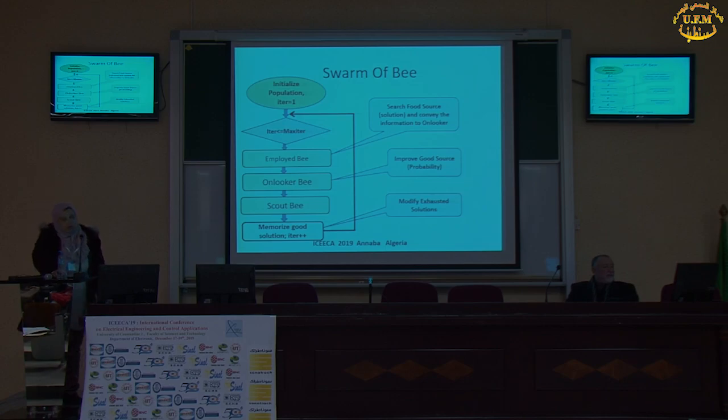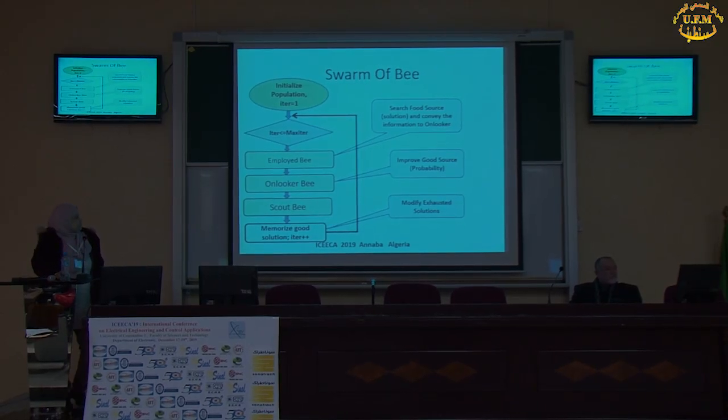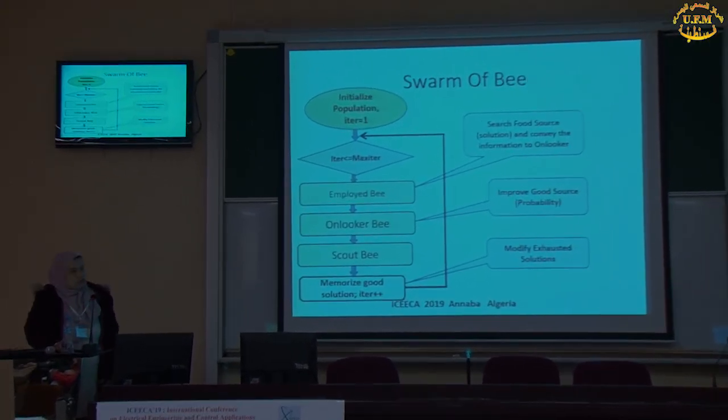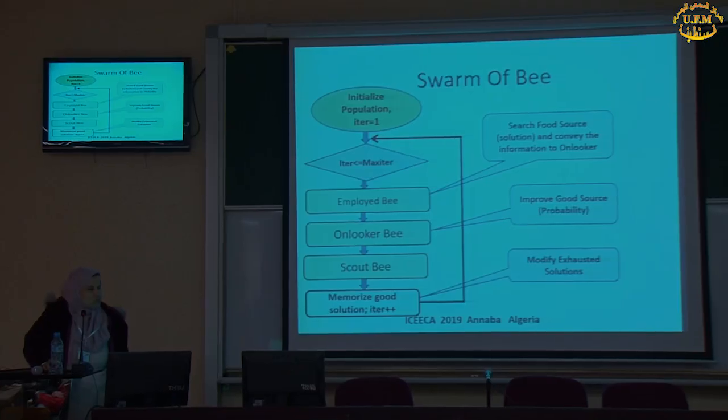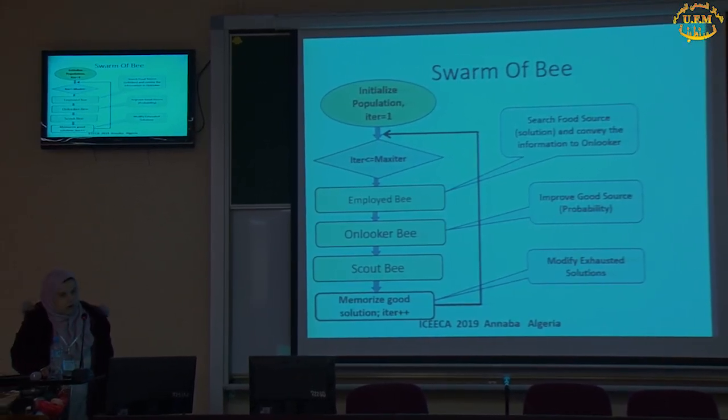The standard algorithm of artificial bee colony starts by initialization of the population. From iteration 1 to max iteration, there are three main phases. The first one is the employed bee phase, when they search the food source and convey the information to the onlooker bees, which is the second phase.